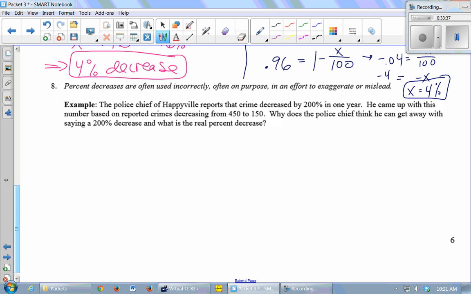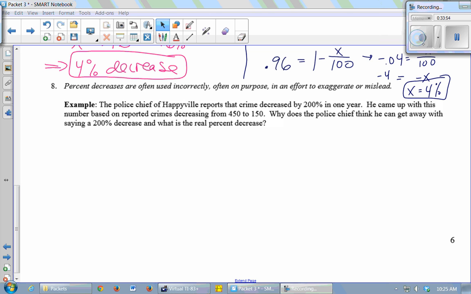But this is how he came up with this number. He said reported crimes decreased from 450 to 150. Why does the police chief think he can get away with saying a 200% decrease? And what is the real percent decrease? Okay, let's talk about what happened here.